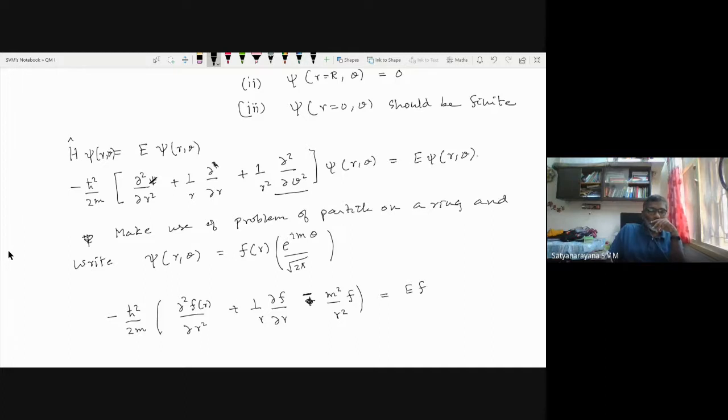That is what I will get. Because when I take double derivative of this e to the i m phi, I get im into im, so i square m square, i square is minus 1, so I will have this thing.